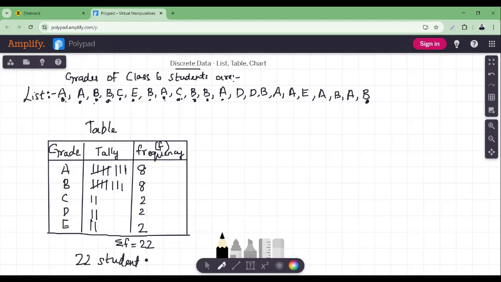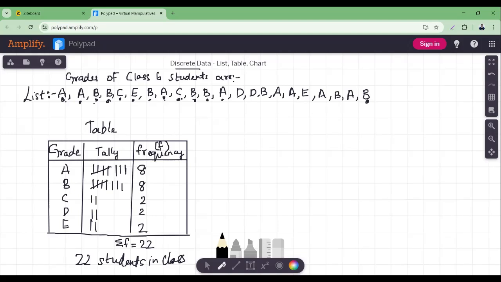So it is easy to find out how many students are in the class. And from this table format, I can also say that the maximum number of grades the children have got are A and B, and C, D and E are fewer in number.